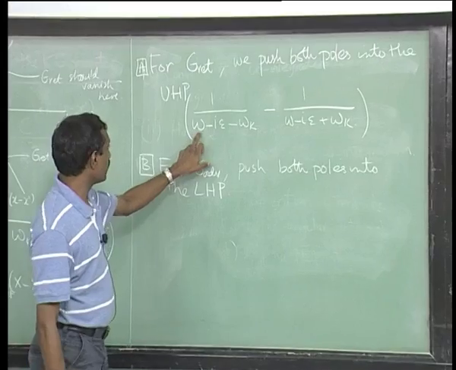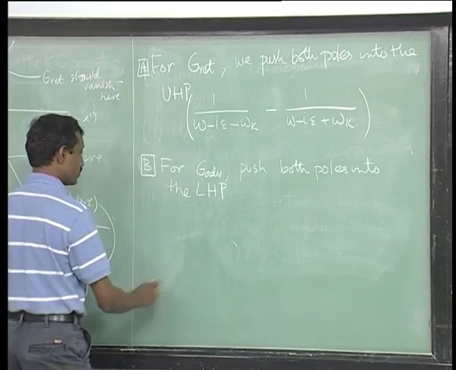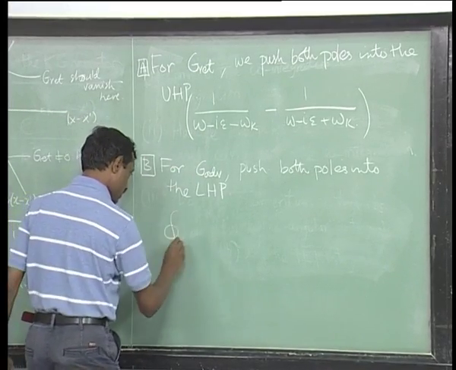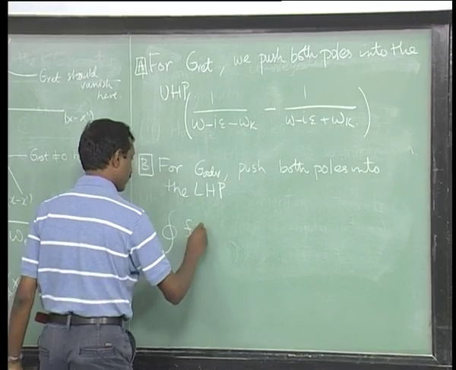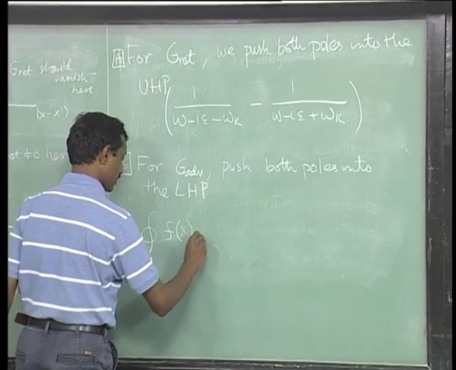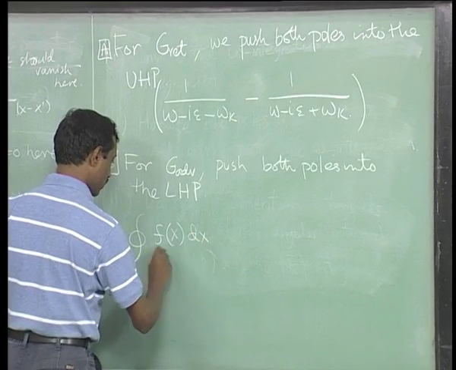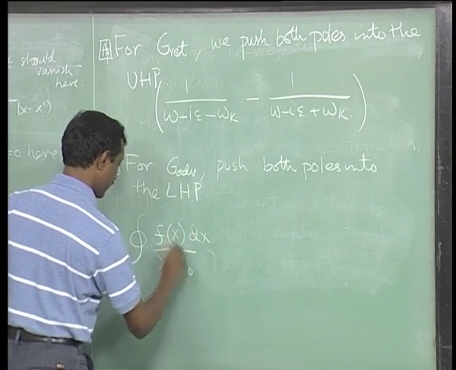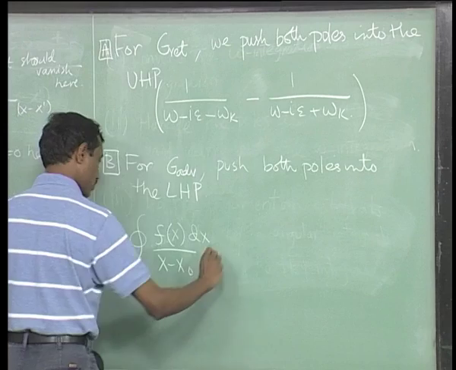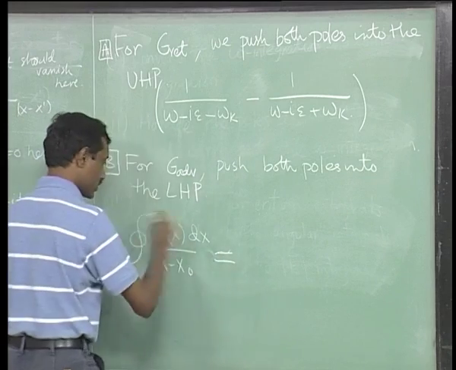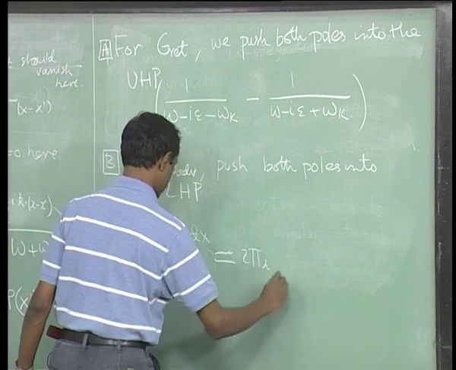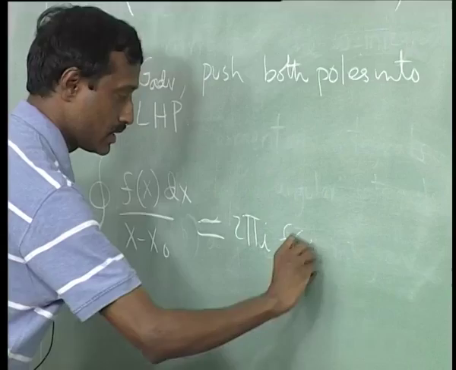Let us remember the residue theorem. If you have something like this, f of x, some contour integral of some analytic thing, this should be equal to, if the contour is clockwise, 2 pi i times the residue, which is f of x naught.